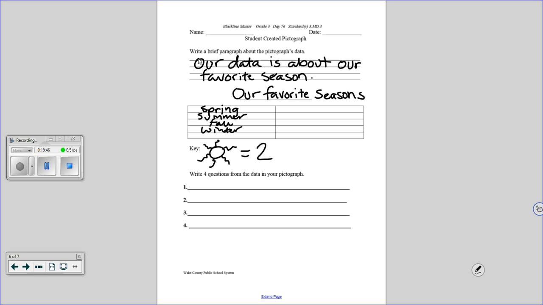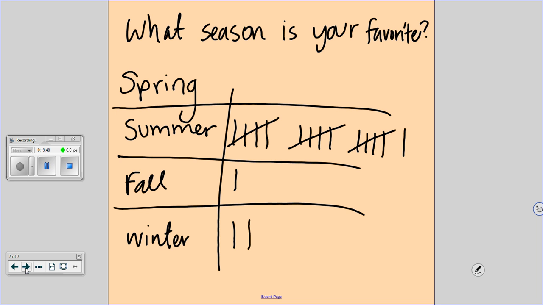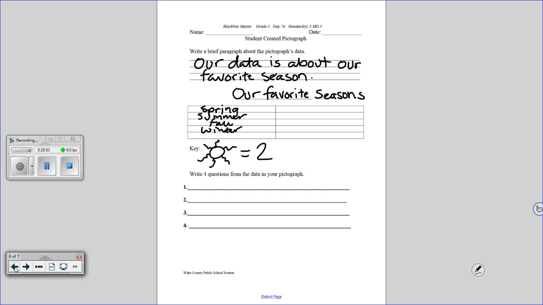If I'm looking at my data, I might be making groups of 2. 1, 2, 3, 4, 5, 6, 7, 8. So you need to draw 8 suns. That's why we picked something easy to draw.